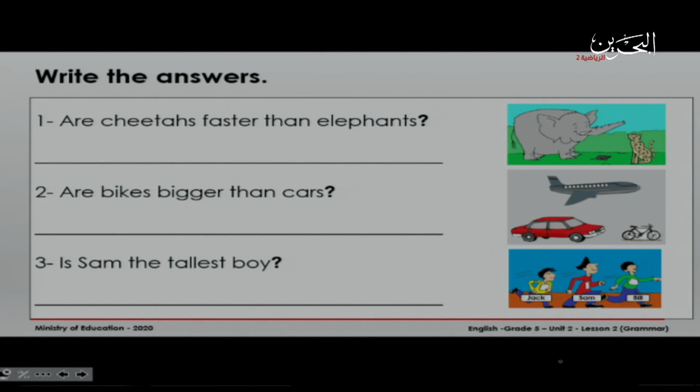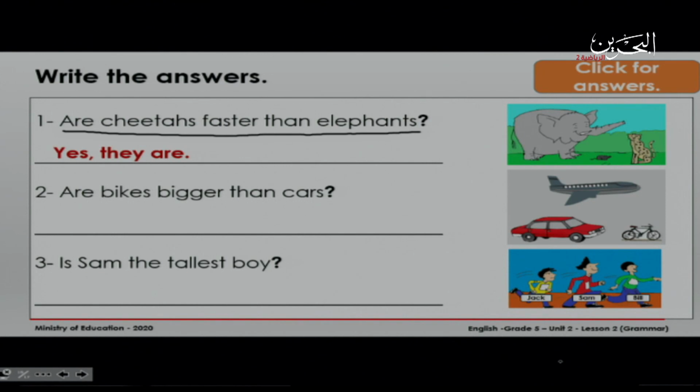Now let's check your answers. Number 1. Are cheetahs faster than elephants? What do you think? Yes, they are. Very good.